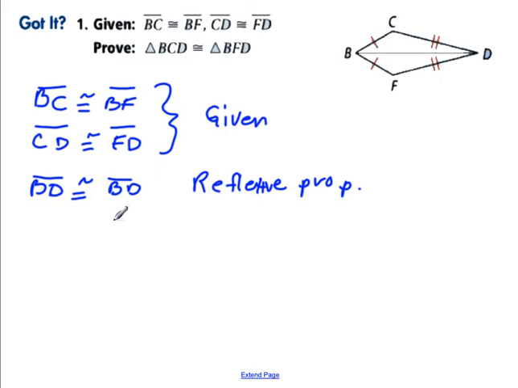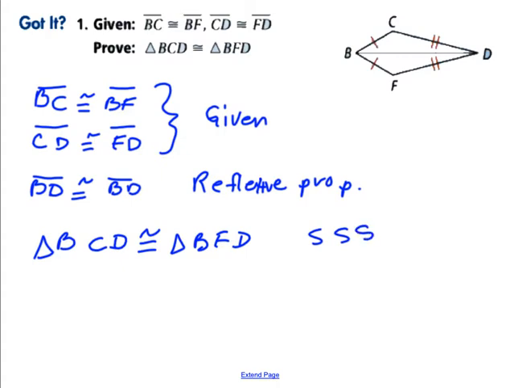So now we can say that triangle, now be very careful with your lettering here, triangle BCD, that was pretty sloppy, let me erase that. Triangle BCD is congruent to triangle, and that corresponds to BFD. And what is our reasoning for that? Well, we proved that all three sides were congruent, so that would be the side postulate.